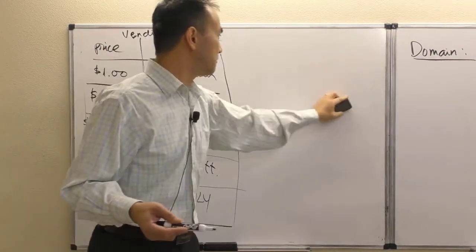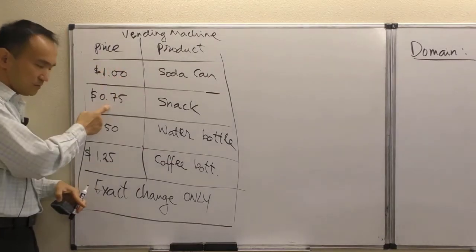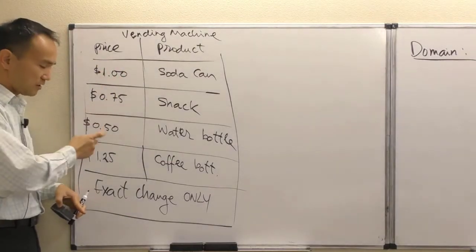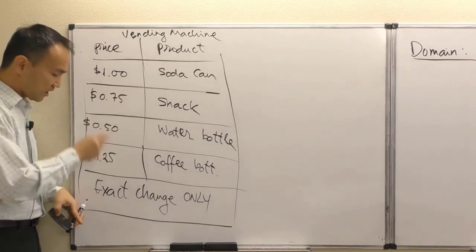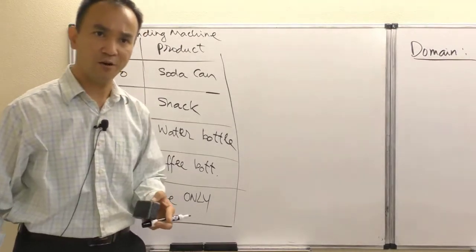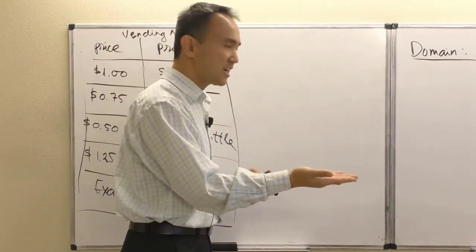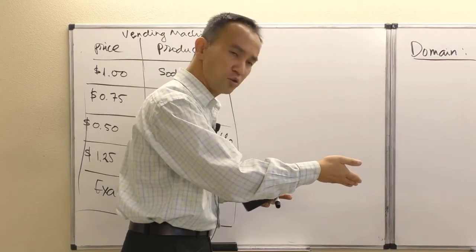So now, what inputs are possible? $1 is possible. 75 cents is possible. 50 cents is possible, or $1.25. Only those four limited values. And yes, in that way, the domain is the set of possible input values to a function.